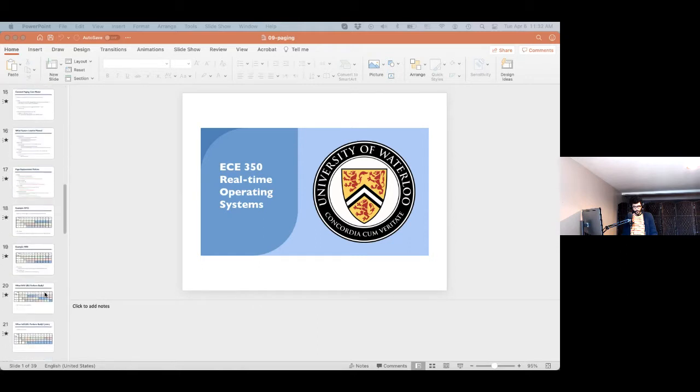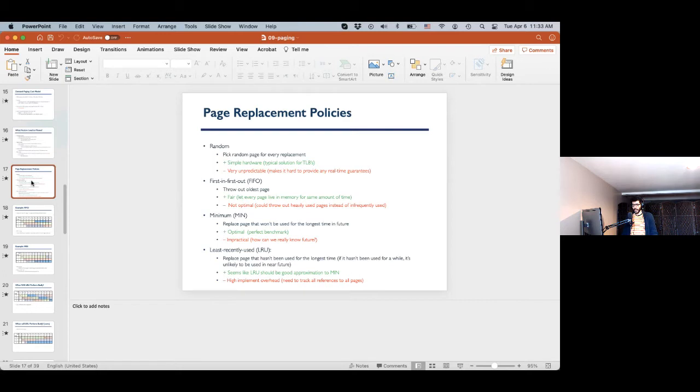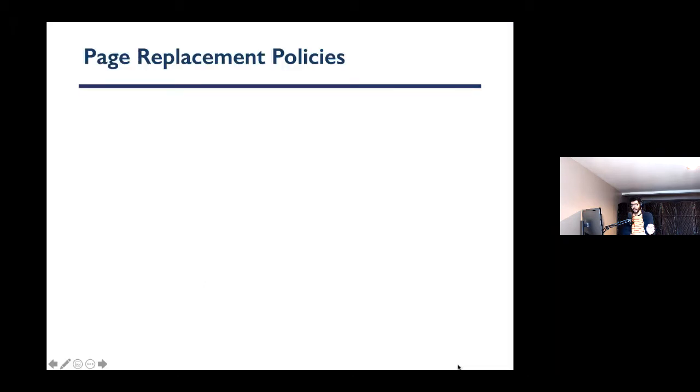So we were talking about demand paging, which at high level means looking at main memory as a cache for a permanent storage. The topic that we're going to talk about next is basically replacement policies. This is very important.